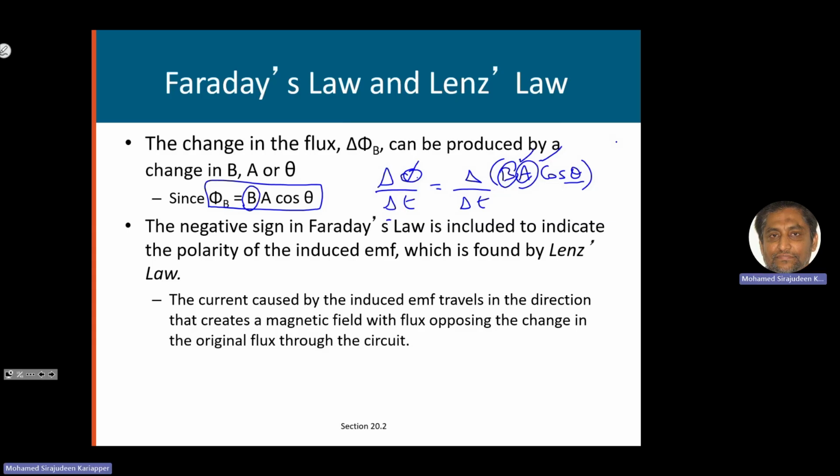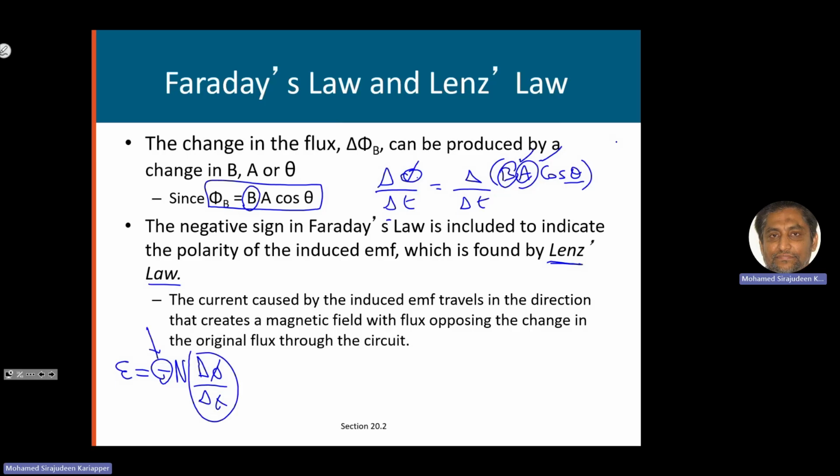The negative sign in the equation for Faraday's law tells you the direction of the induced EMF. The direction of the EMF is given by what we call Lenz's law. Of course, it is already there in Faraday's law in this form: the negative sign tells you the EMF will be in the opposite direction to the change.